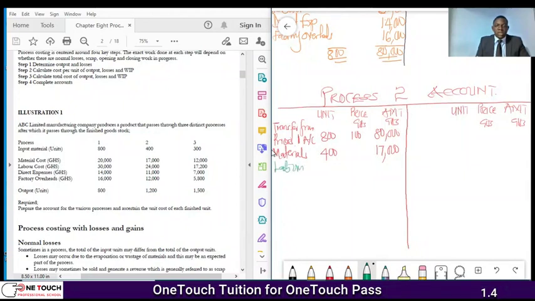Labor cost incurred in process 2 is 24,000. Then we have direct expenses of 11,000.